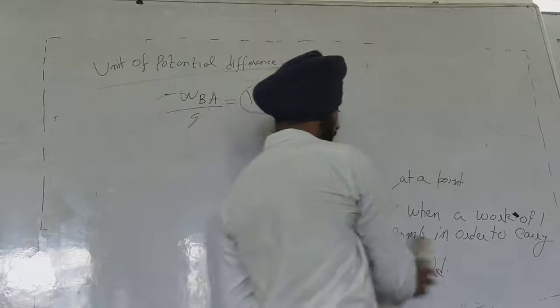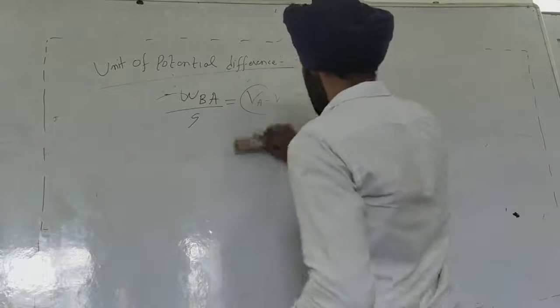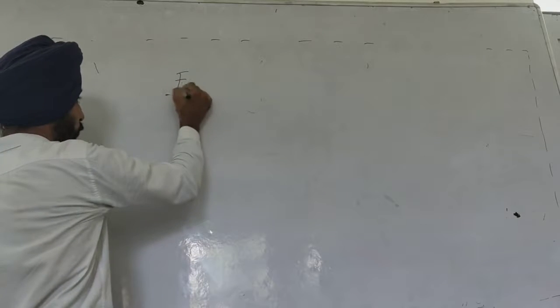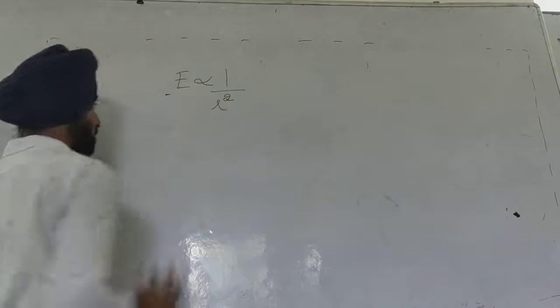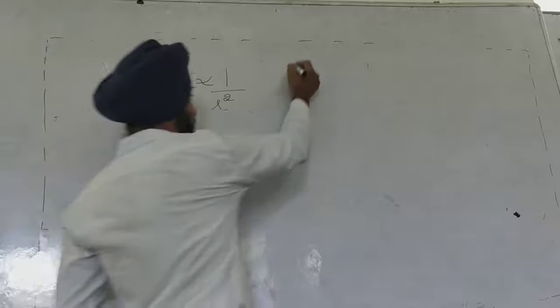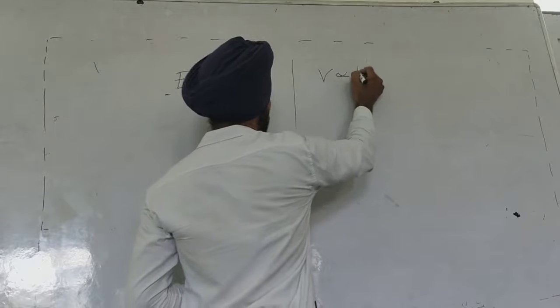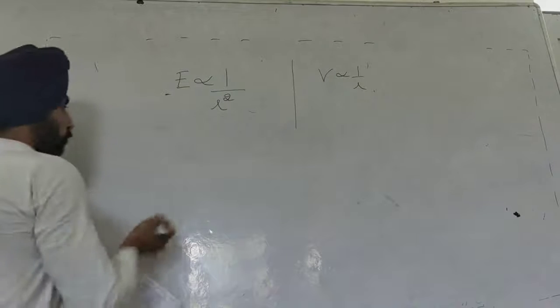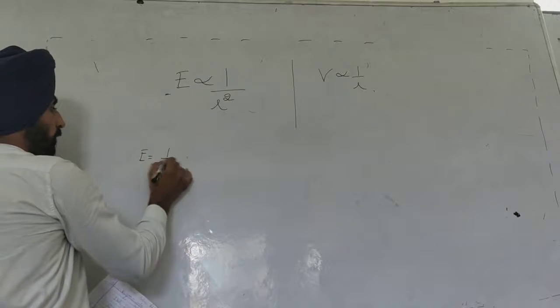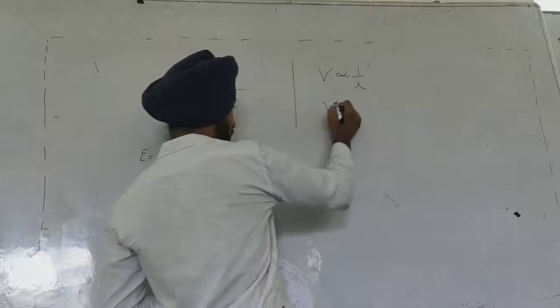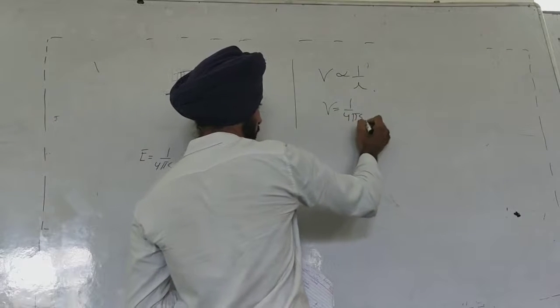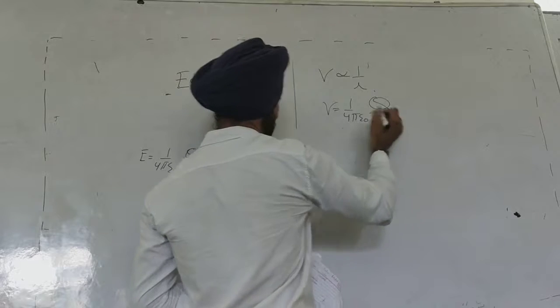So the next concept is: the electric field due to a source charge varies inversely as distance squared, but the potential varies as 1 upon r. So electric field is like this due to a source charge: 1 over 4 pi epsilon naught, q upon r squared. But potential is 1 over 4 pi epsilon naught, q upon r.